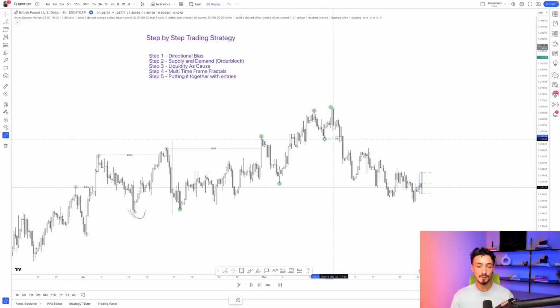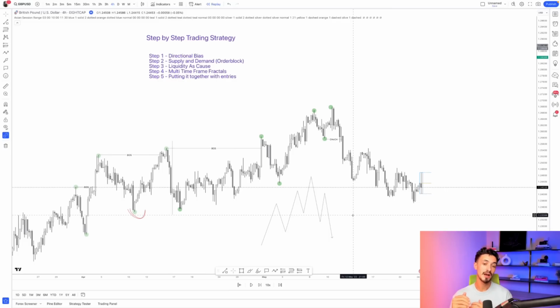Now, at some point in time, there is going to be a change of character. Change of character being the process of bullish price action to bearish price action. Now, the point in which this takes place is completely unpredictable. You can't predict it, but you can react to it when it happens. And the statistical probability is somewhere around 70 to 90% of the time, price will continue in its trend.